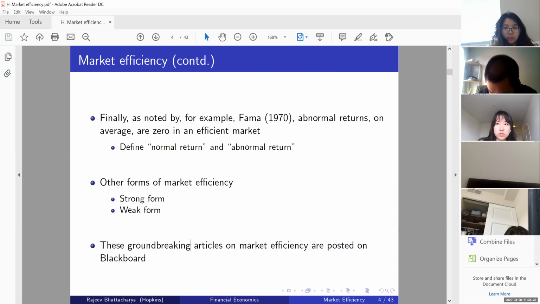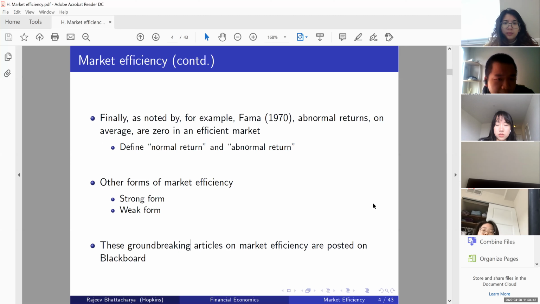What is normal return? Would that be the price difference, I mean the capital gain plus the dividend gain? That's the return, yes. But what is the normal return?